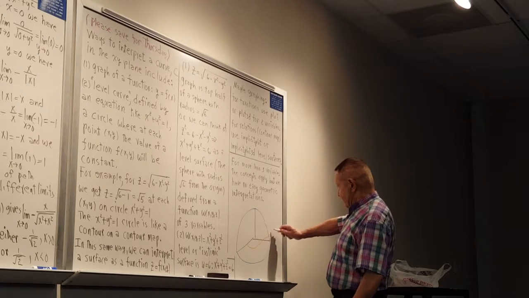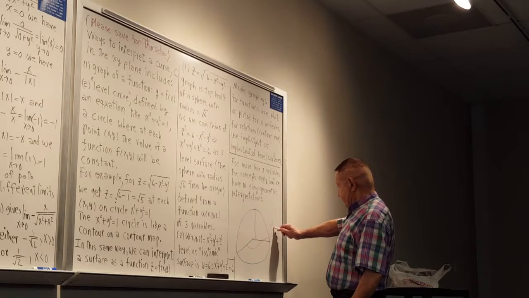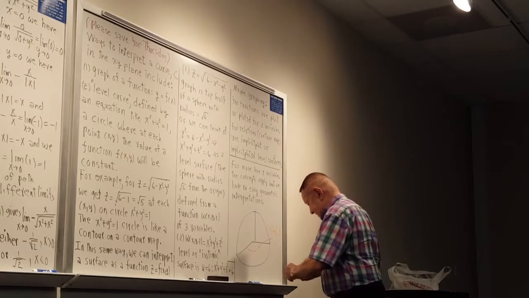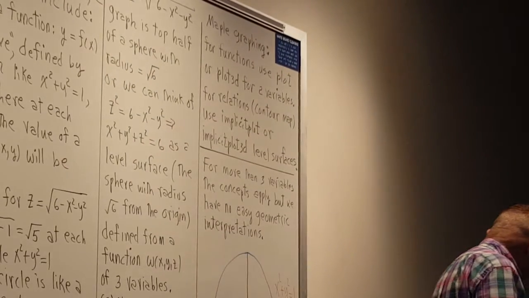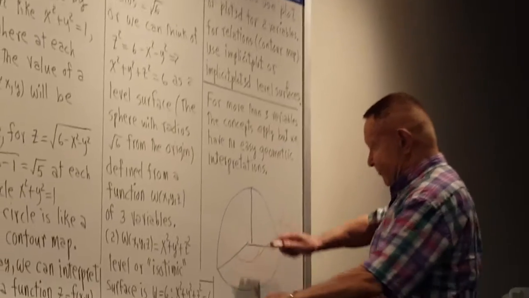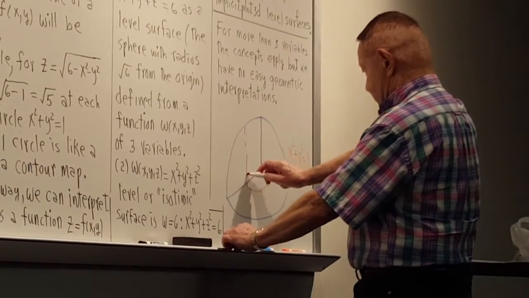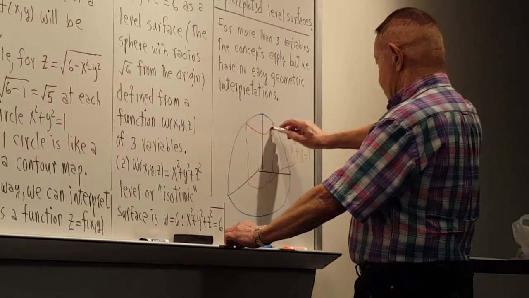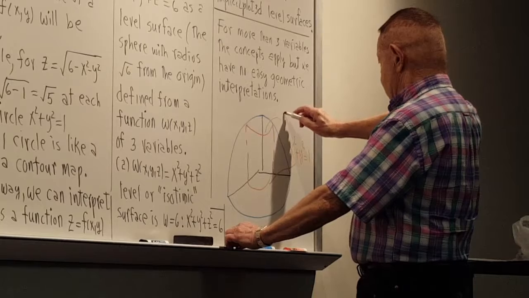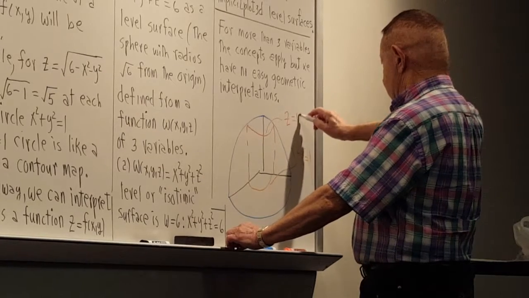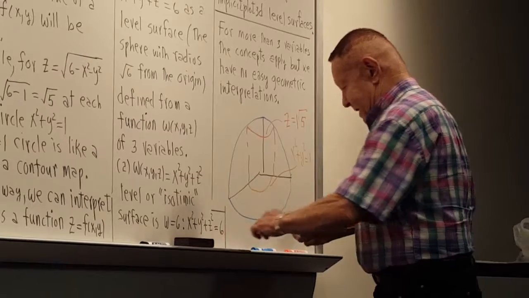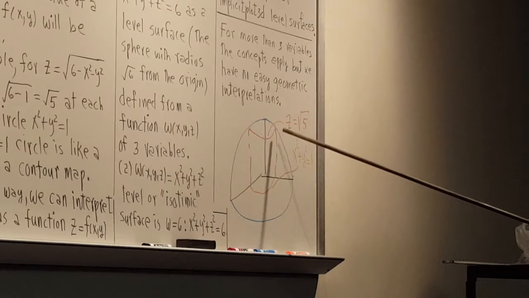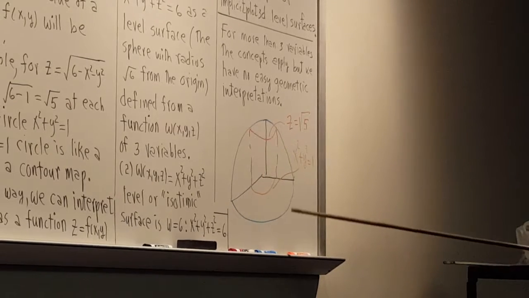That's your unit circle. And then as you come up from it, you have all of these points at height square root of 5.